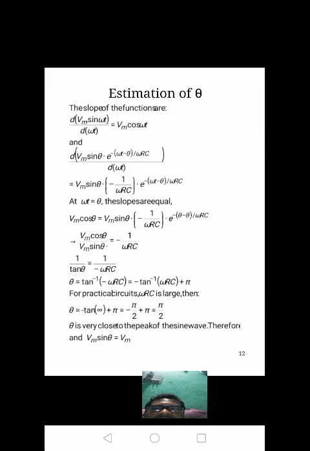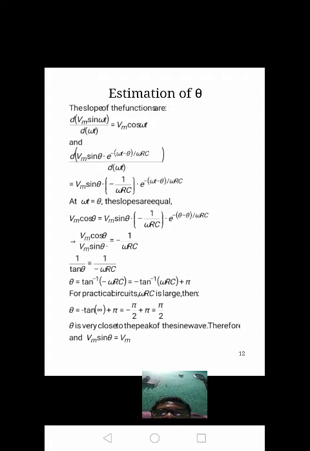Theta is equal to tan inverse of minus omega RC, that is equal to minus tan inverse of omega RC plus pi. For practical circuits, omega RC is large, then theta is equal to minus tan inverse of infinity plus pi, that is equal to minus pi by 2 plus pi, that is equal to pi by 2.